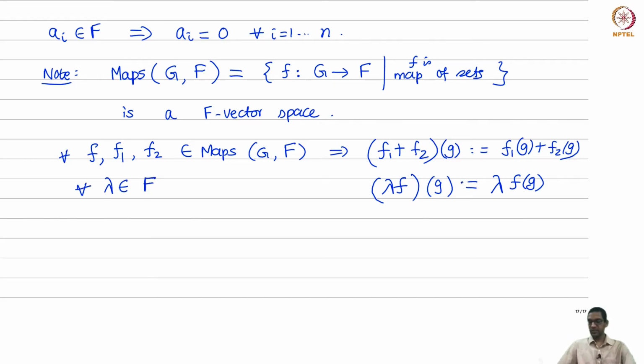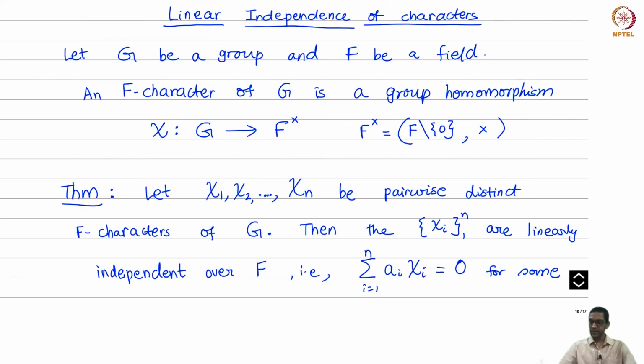So these are the definitions. This is how addition and scalar multiplication of maps are defined, and under these, it's easy to check that with these definitions it forms an F vector space. Okay, and so when we say linear independence here, what we mean is this linear combination is thought of as an element of this vector space of maps.